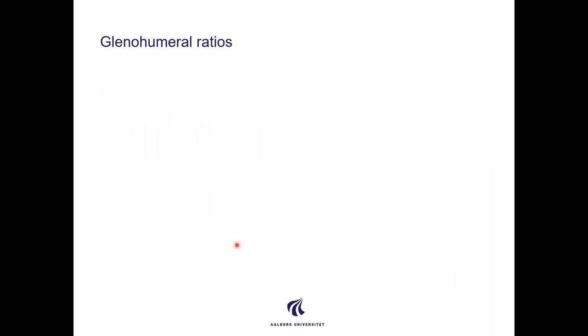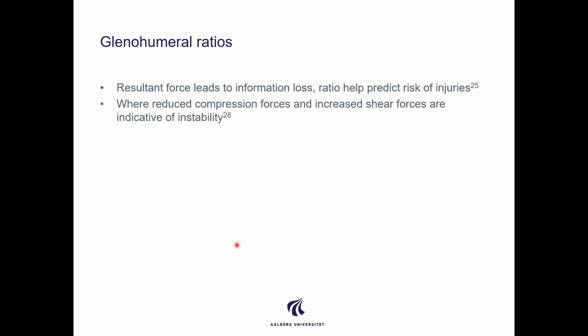So we know that the resultant force might lead to some loss in information, because the ratio helps us to try to predict the risk of injuries. And if we reduce the compression force, but we increase the shear forces, it might be indicative of instability. And this is because the compression force keeps the humeral head within the glenoid socket.